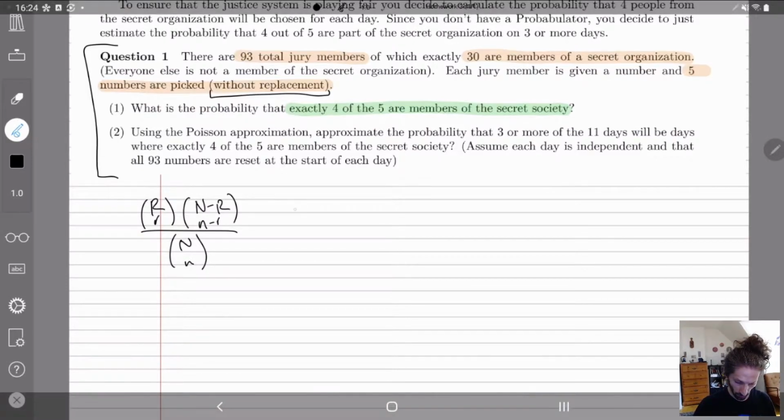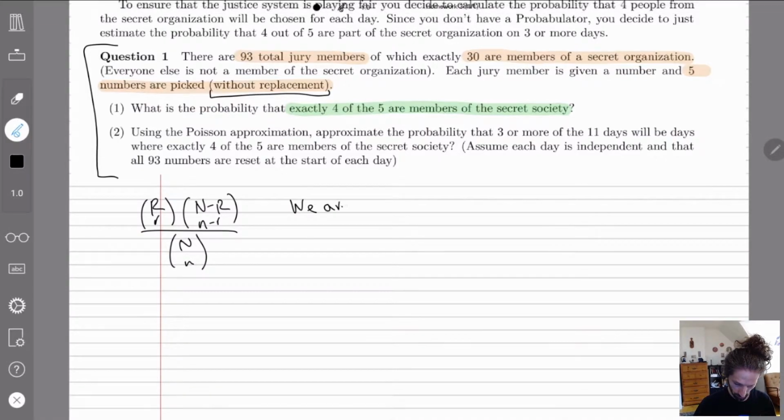We are told n is equal to 93, so total jury members. And then we're told big R is 30, which is our subset that are the secret organization, total members of secret organization.